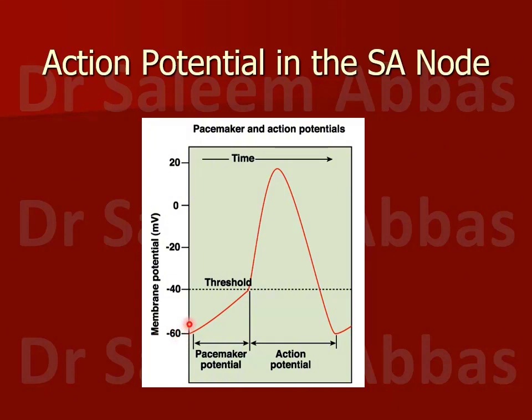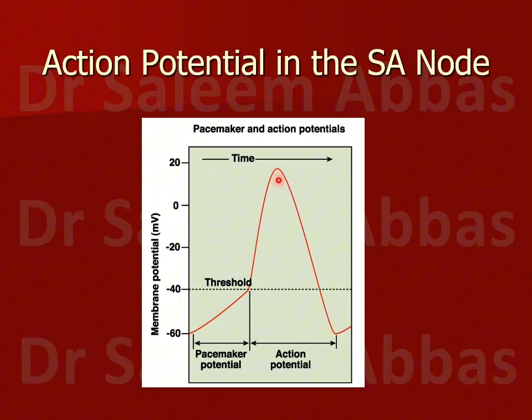You know, whenever the membrane potential inside the fibers becomes negative to such a level, -40 or -55, -60, the sodium channels get inactivated already. So the sodium channels cannot open, not at all. But there are L-type calcium channels or slow calcium channels which are open, and they allow the calcium ions to get inside, and the inside becomes positive.